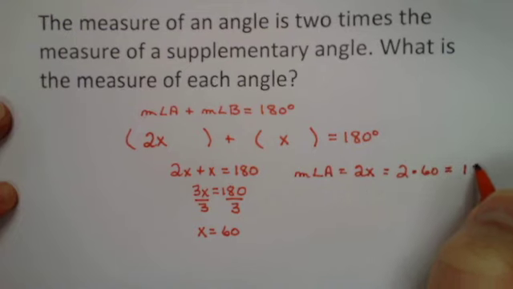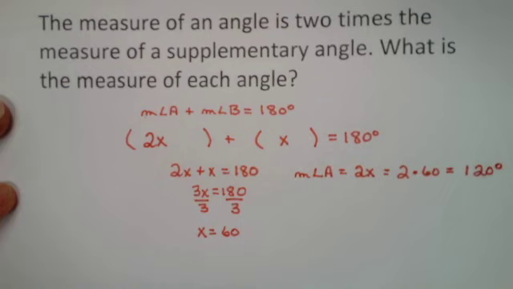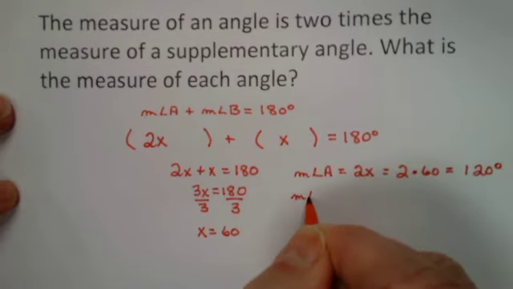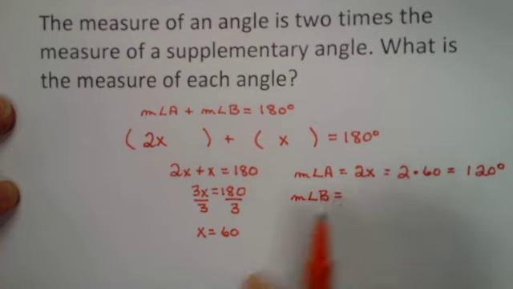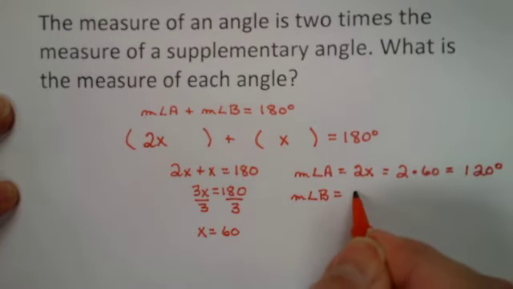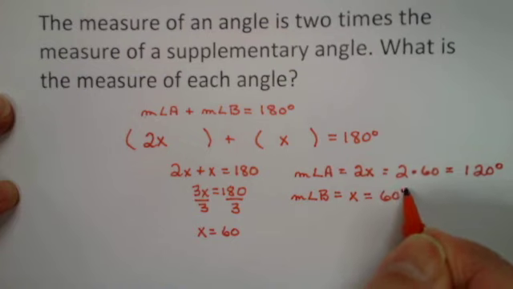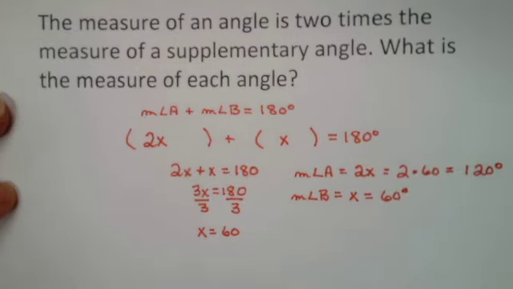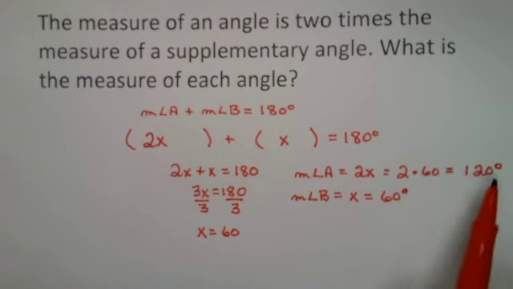And 2 times 60 is 120 degrees. That's what the measure of angle A is. The measure of angle B, I look up here, angle B is just x. And what was x? 60 degrees.